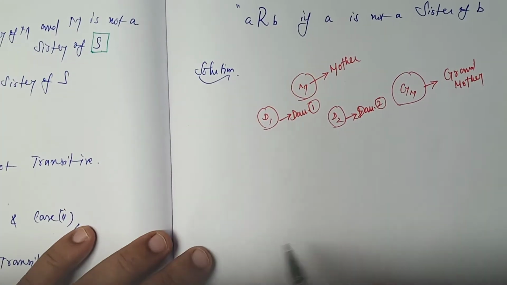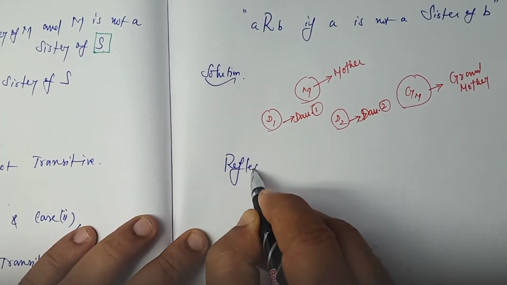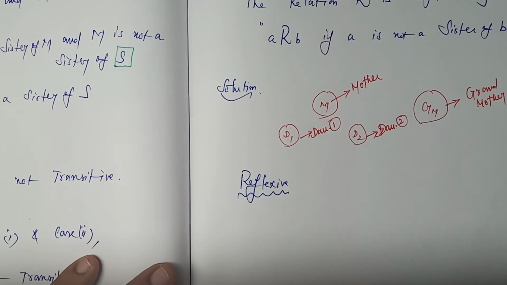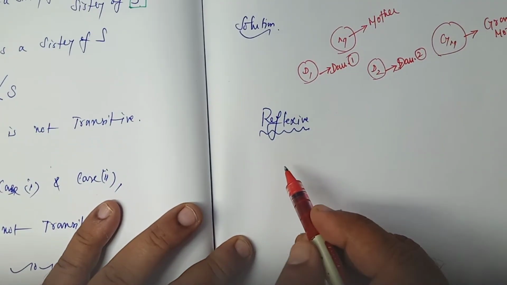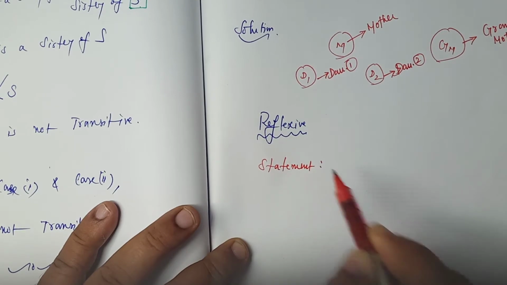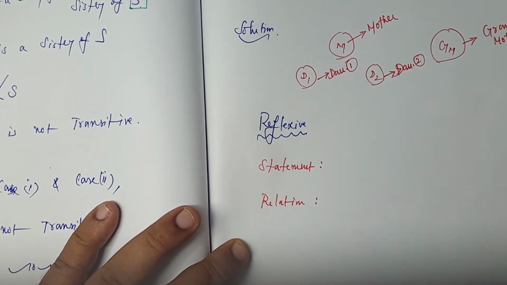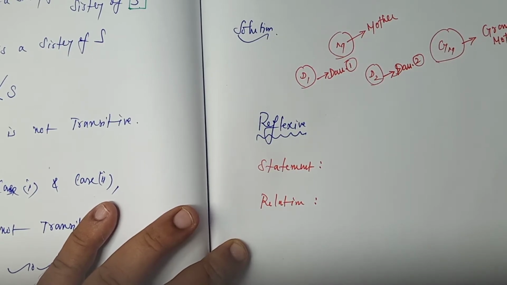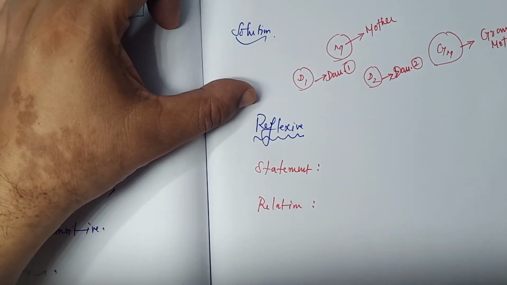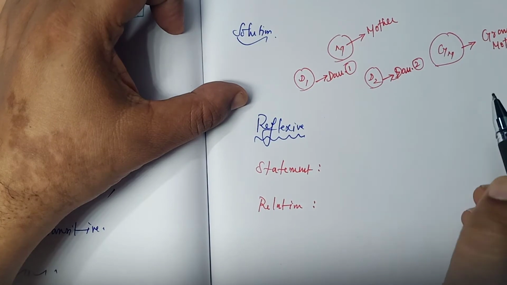I start with the reflexive. For reflexive, you have to consider only one element, that means only one family member out of 4.